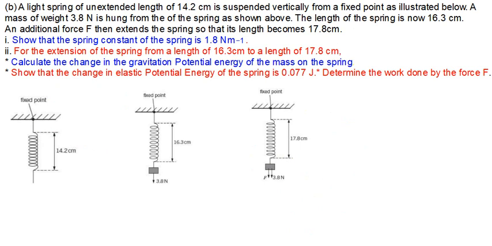A mass of weight 3.8 Newton is hung from the spring as shown above. The length of the spring is now 16.3 centimeters. An additional force F then extends the spring so that its length becomes 17.8 centimeters. Part 1. Show that the spring constant of the spring is 1.8 Newton.